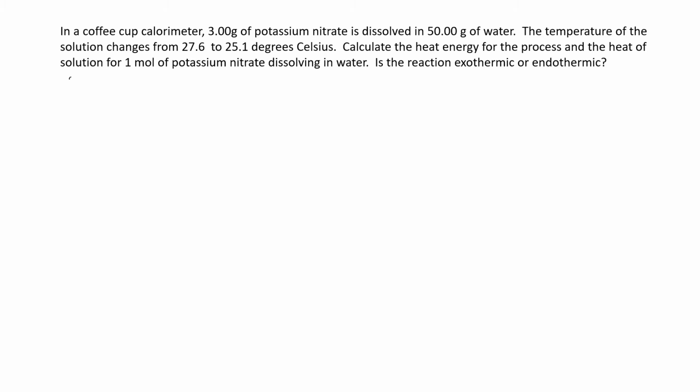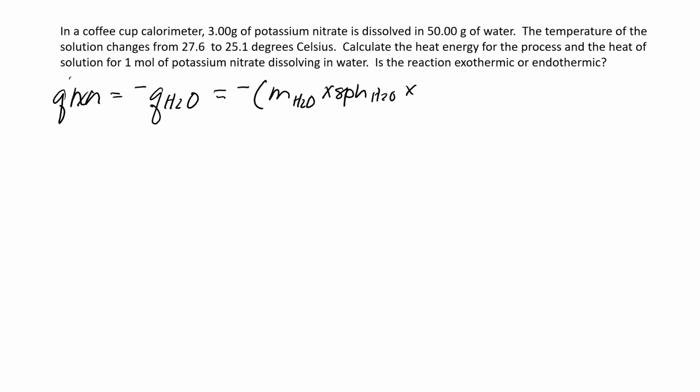So Q of the reaction equals negative Q of the water, which equals negative the mass of the water times the specific heat of water times the delta T of water.